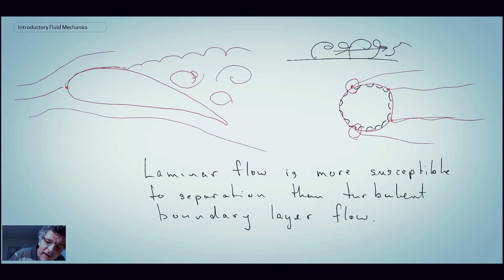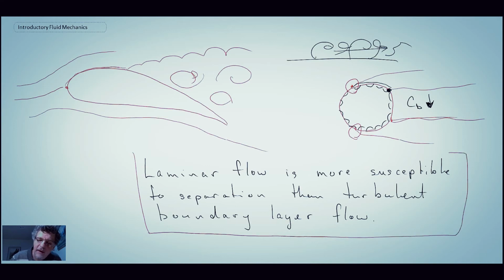What that does is cause the separation point to move further back, and that causes the drag coefficient to decrease when you have the dimples and the turbulent boundary layer on the golf ball. So that's a final point about the boundary layer and how it relates to laminar or turbulent flow and the separation points. So that is the boundary layer under adverse or different pressure gradient conditions.